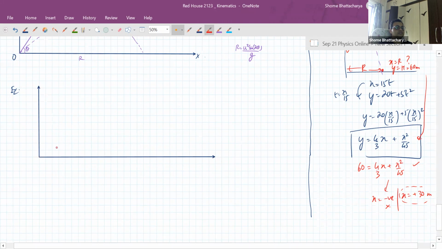In this question, a particular projectile motion is shown like this. It is shown that when it is at a distance from here of, let's say, 40 meters, its height is a certain value, and that height repeats itself when this distance is 200 meters.